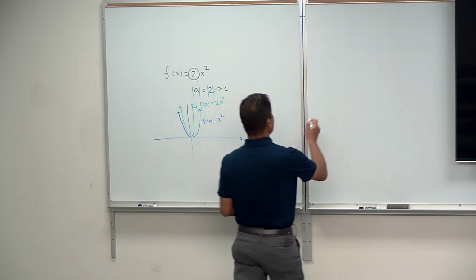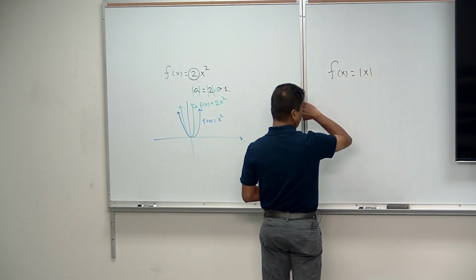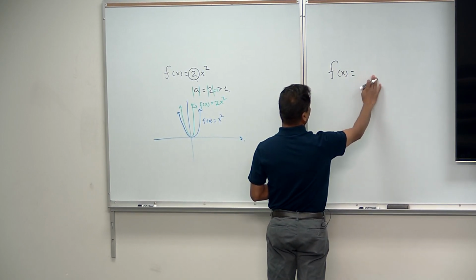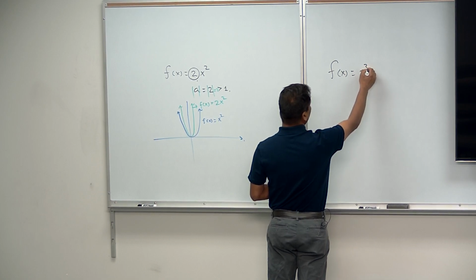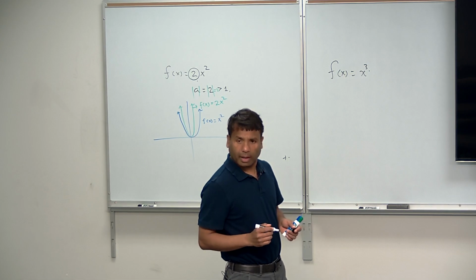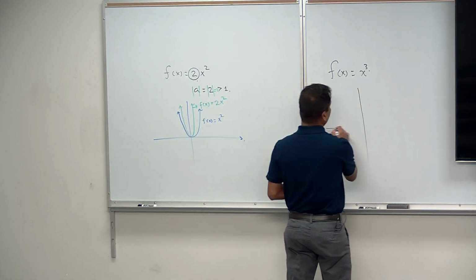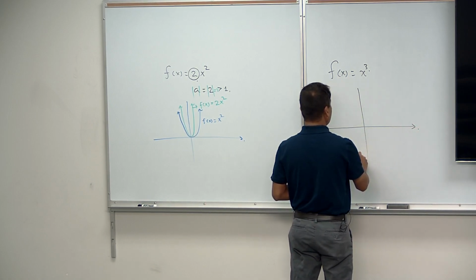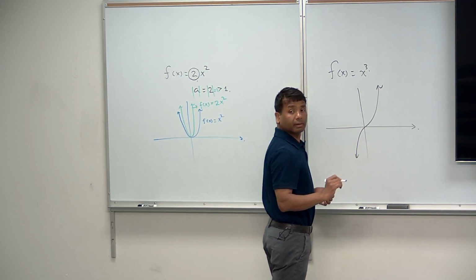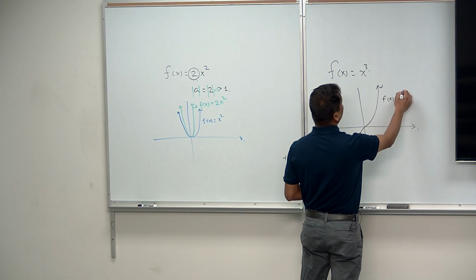You guys know the graph of the absolute value function f(x) equal to absolute value of x. But in this case, it's about the polynomial. So let's say you know the graph of f(x) equal to x cubed, right? The cubic function. You guys know that, right? And you have a graph something like this. This is f(x) equal to x cubed.